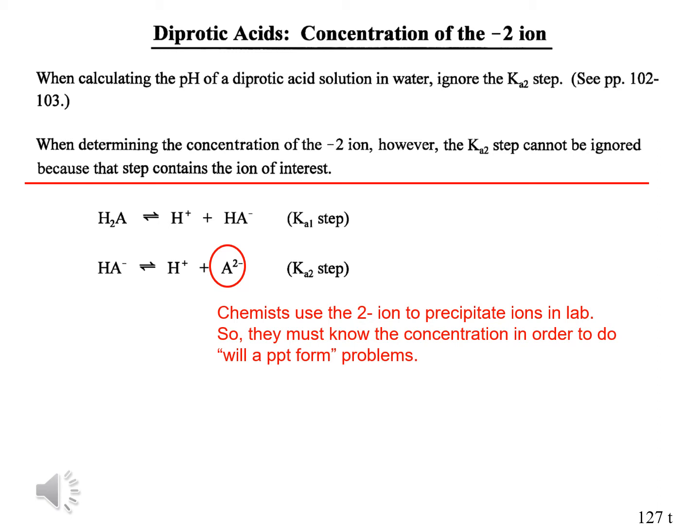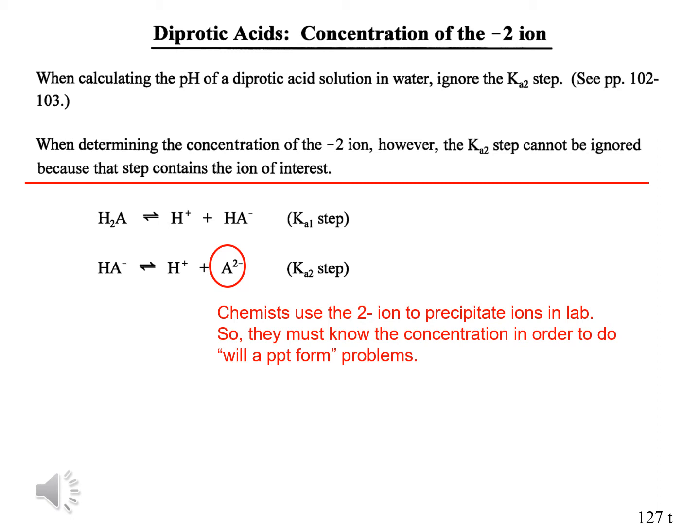Today, though, I want to use an example of calculating not the pH, because that's only one thing that's of interest. The other thing that chemists want to calculate is the concentration of the 2- ion that comes from the acid in the second step. The reason why chemists want to do this is that they like to use 2- ions to precipitate things in the lab.